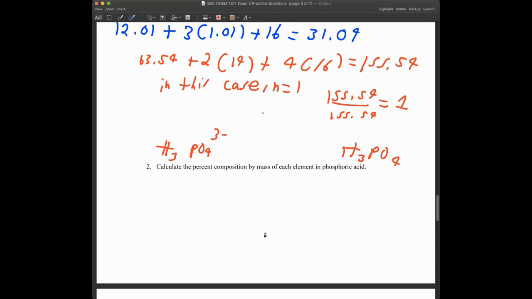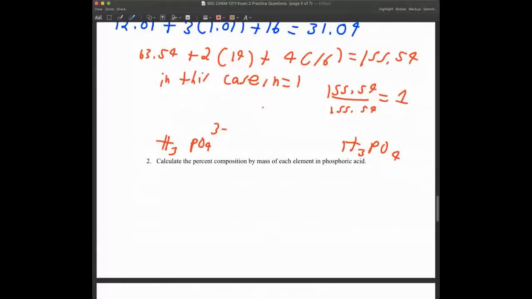Cool. So how do we find the molar mass? Let's start with the mass of the entire molecule. For the sake of time, we're going to take 3 times 1.01 for the hydrogens, plus the P, phosphorus, which is 30.97 grams, and then we have 4 oxygens, so 4 times 16.